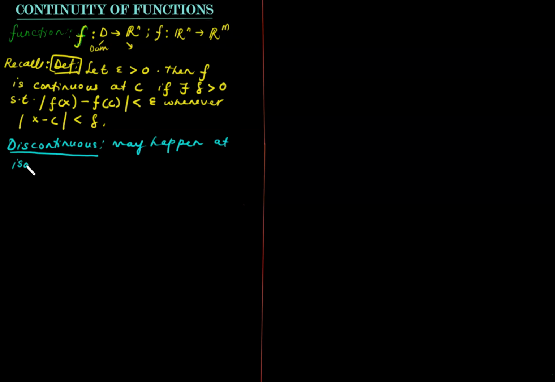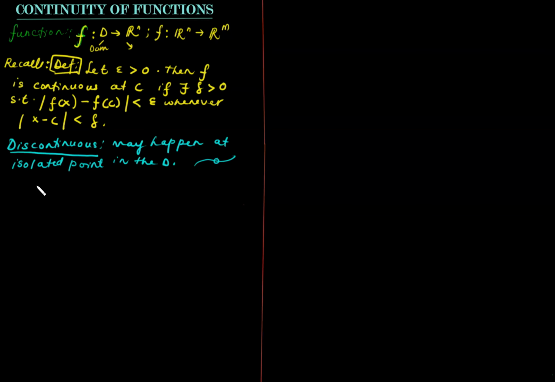So go and study isolated points, or ask me in the comments and I can give you another lecture on that. So an isolated point in the domain itself. So we have a continuous function and then suddenly there's a hole there, so that will not be continuous. An example: if you have a function where f is 0 when x is rational, and f is 1 when x is not rational, so you're going to go between two different points.